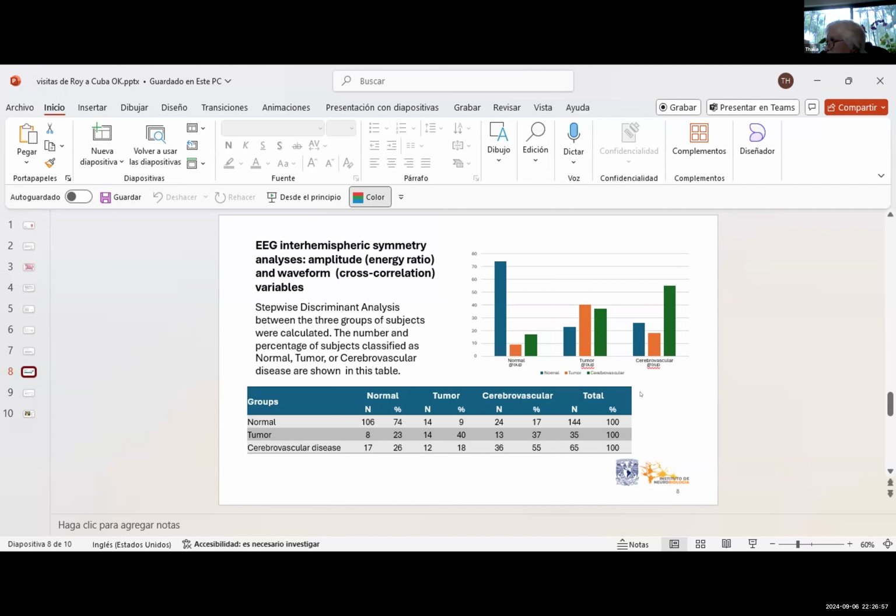So we were able to see that with this symmetry analyzer, we can obtain good results in the classification of the patients. The most important was the classification of normal patients and, of course, of tumor and cerebrovascular patients.